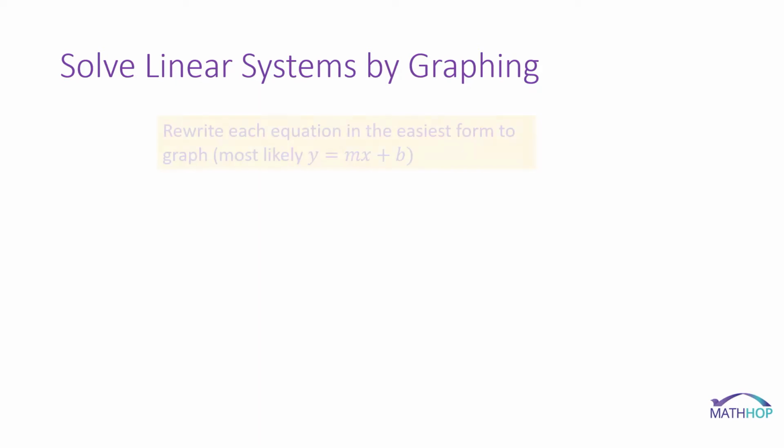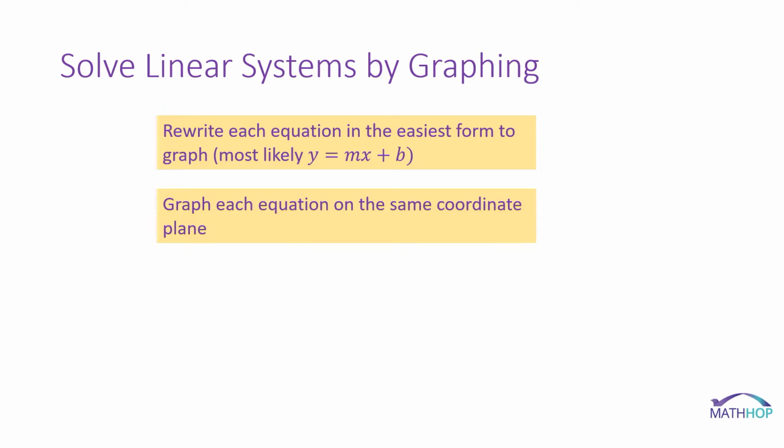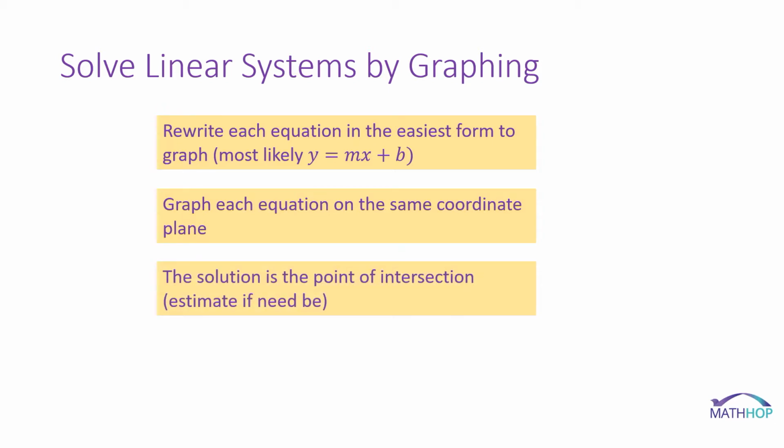You are going to rewrite each equation in the easiest form to graph. And we're going to say that that's going to be slope-intercept form, so y = mx + b form, simply because we can plot the y-intercept and then use the slope to find additional points. Once you've done that, you're going to graph each equation on the same coordinate plane, and you're going to locate the solution by locating the intersection of those two lines.